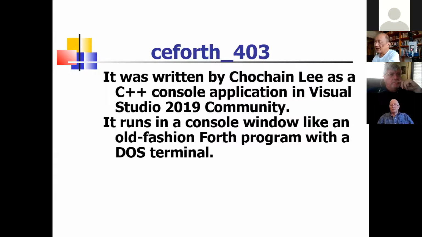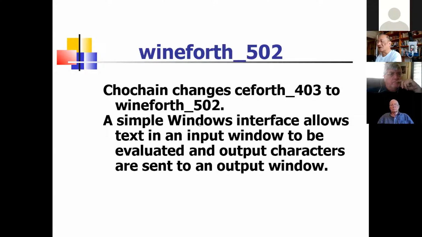And it runs in a console window like an old-fashioned Forth program with a DOS terminal. So that's the easiest thing I can handle. But the Windows stuff, I couldn't. Chochain changed the ceforth 403 to wineforth 502.